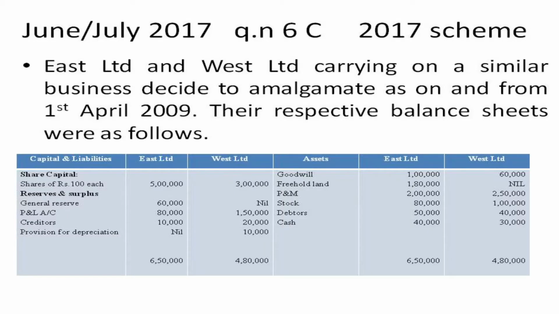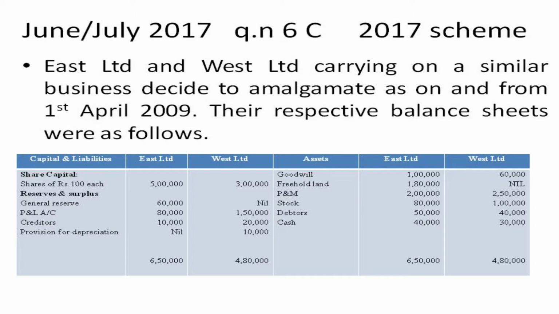East Limited and West Limited, carrying on a similar business, decide to amalgamate as on and from 1st April 2009. Their respective balance sheets were as follows. They have given the balance sheets of East Limited and West Limited: share capital, reserves and surplus, P&L account, secured loans and unsecured loans, both are nil.